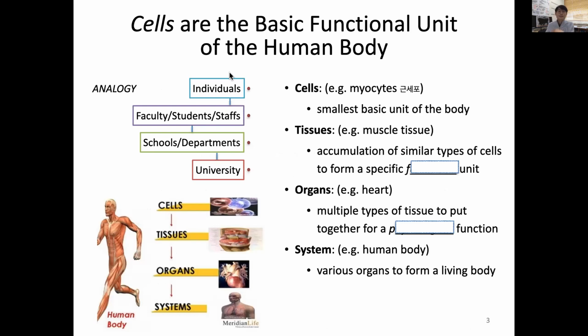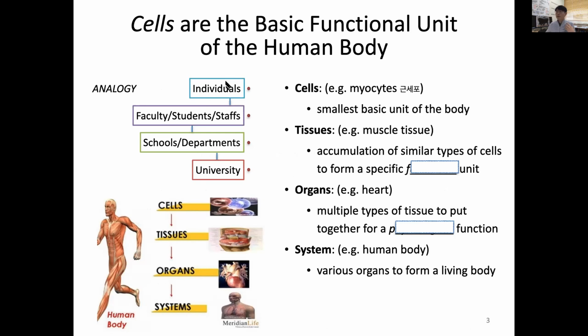So the cell is a basic functional unit. It's a building block of our human body. So let's consider this university you are in. You, a student, or me, an instructor, are individuals. So we are the smallest basic unit of this body.